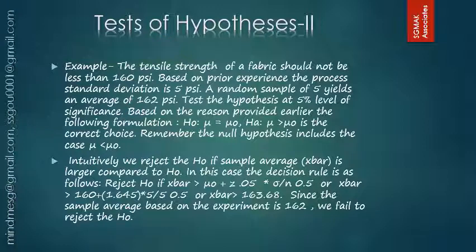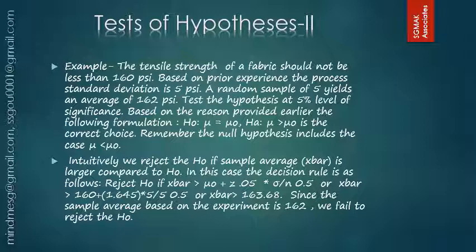It's a one-sided test. Intuitively, we reject the null hypothesis if sample average is larger compared to what is expected if null hypothesis is true. In this case, the decision rule is as follows.